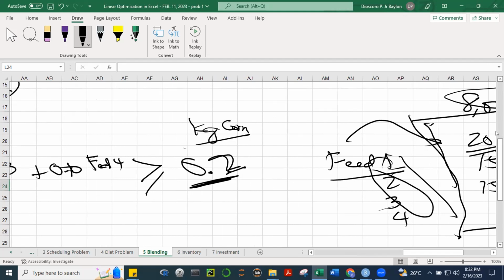All right. So if we're going to strictly say that it should be 20%, how do we make sure that it should be 20%?